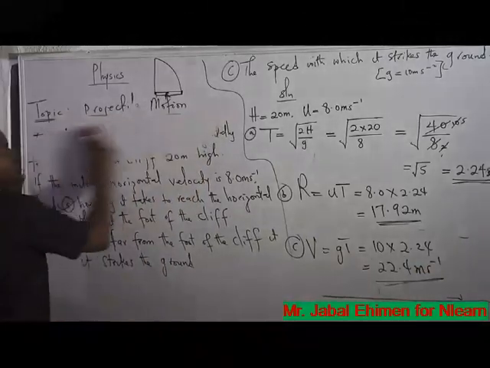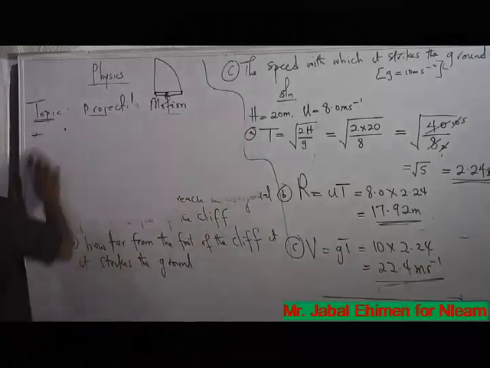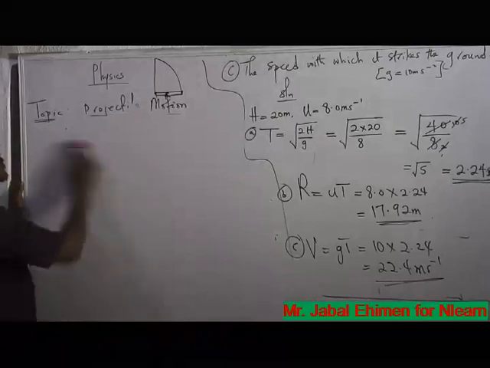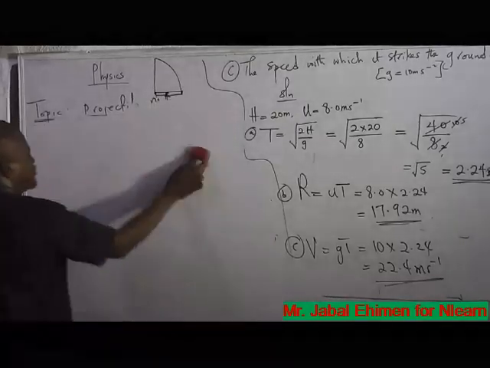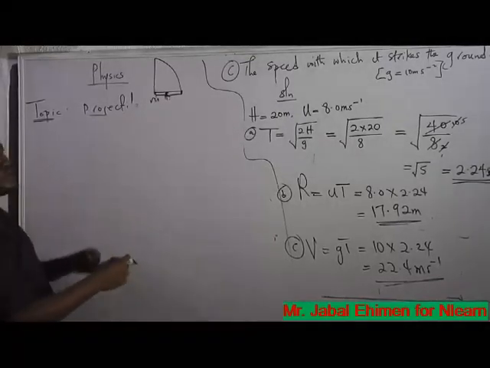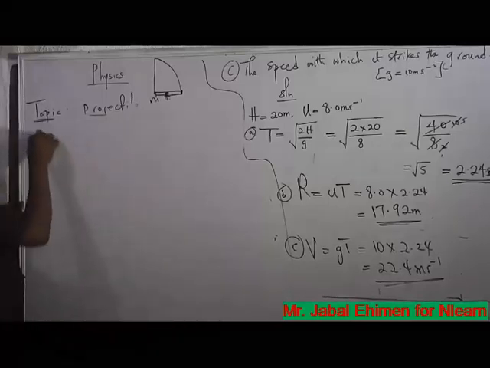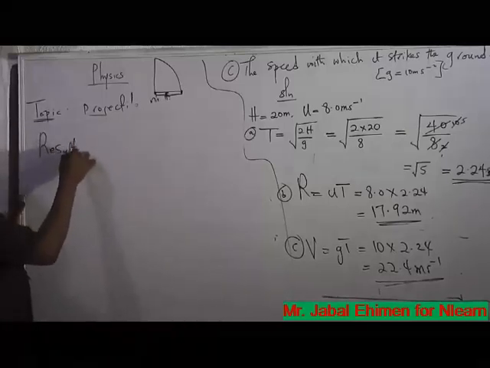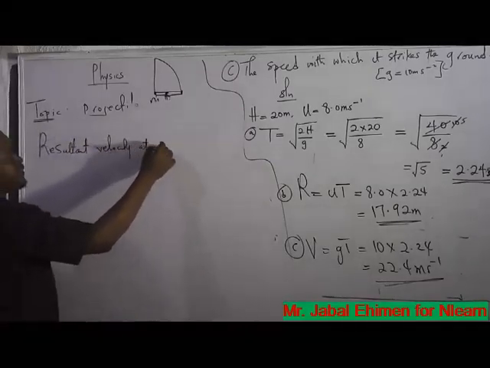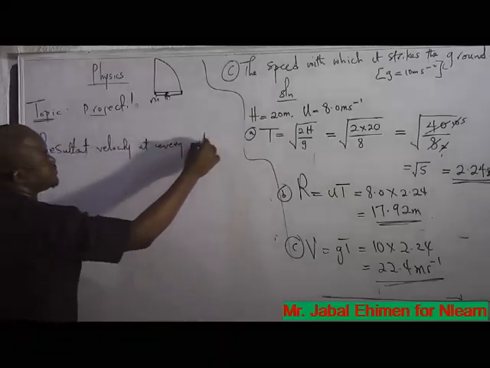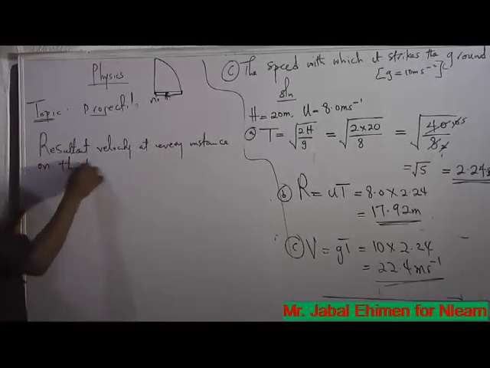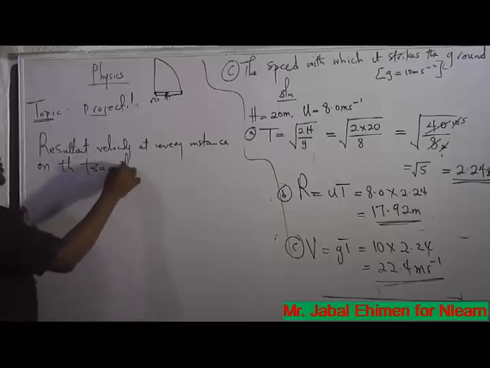Now, before we round it up on horizontal projection, let's talk about the resultant velocity at every instance on the trajectory.